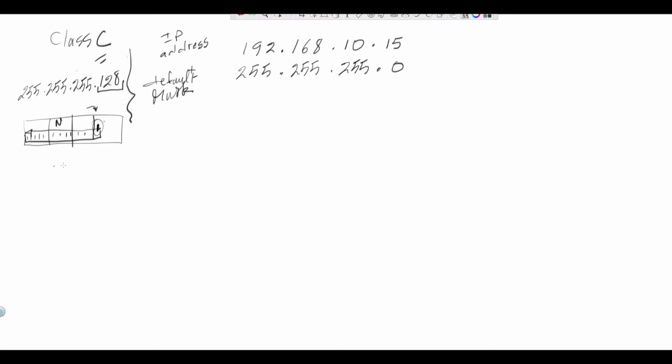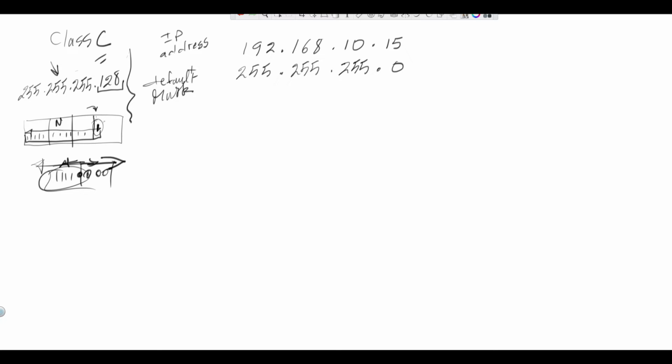Remember, the way a mask works is that on one end you have all ones, and on the other end you have all zeros. You move this line this way or that way, it's just a matter of adding more ones as you move this way, or adding more zeros as you move that way. So it's the same thing here on this particular one. So this here will not be a default mask, but it's a valid mask. We will have a lesson on other masks other than default mask.